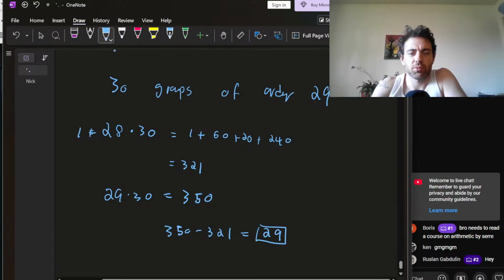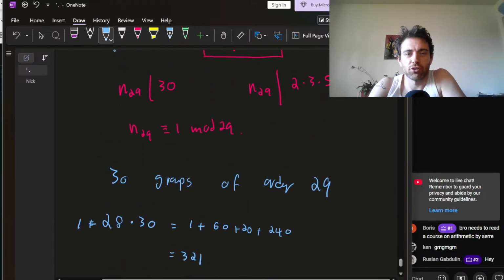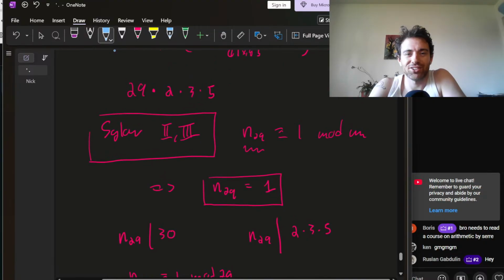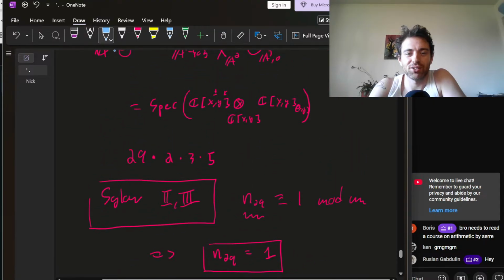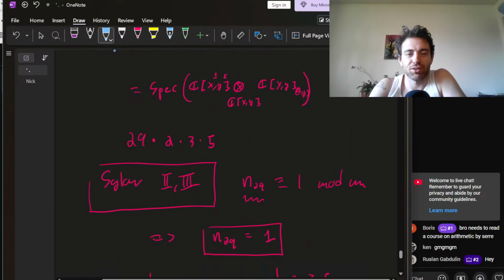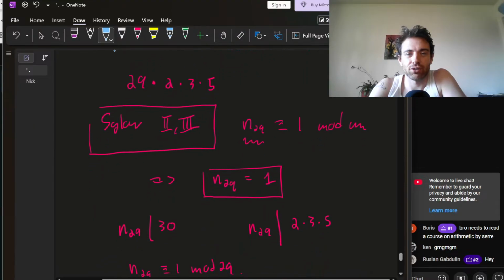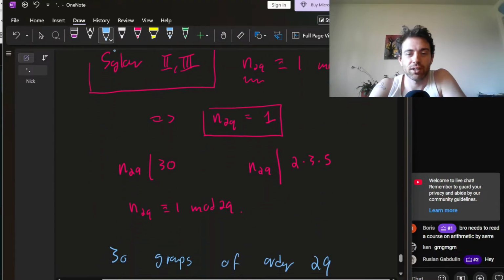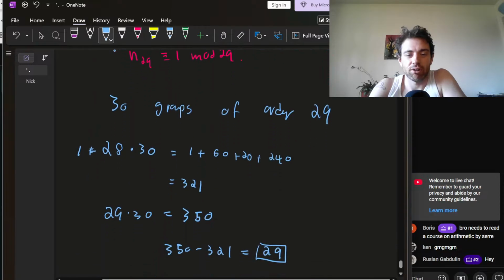Is this the best way to do it? Oh, I thought this works in other cases, but okay, let's see. This leaves us with 29 elements remaining, and those need to account for all of the elements of order 2, 3, and 5.